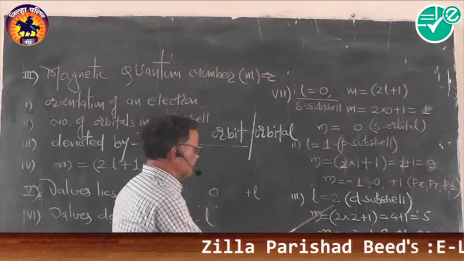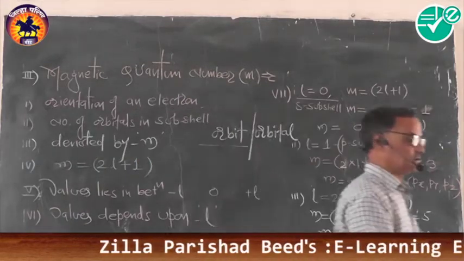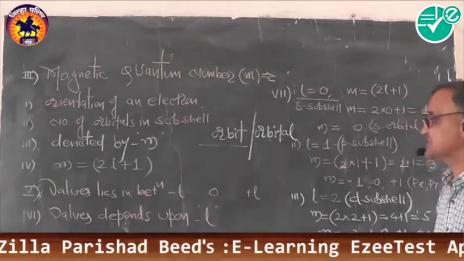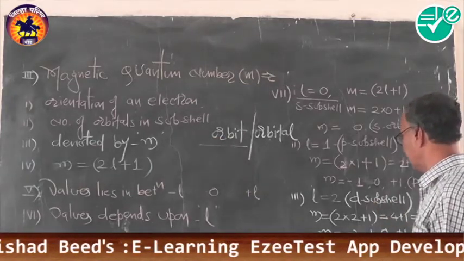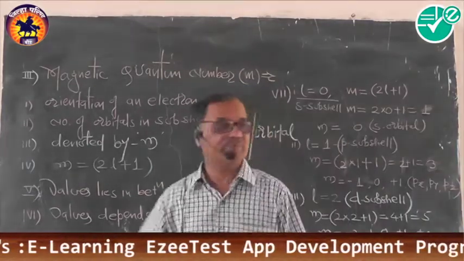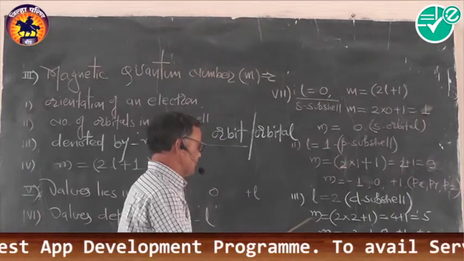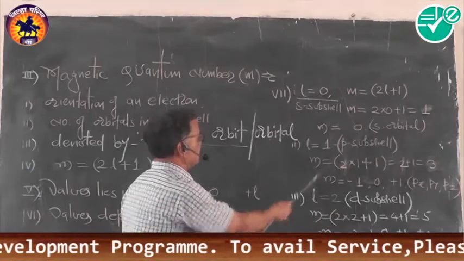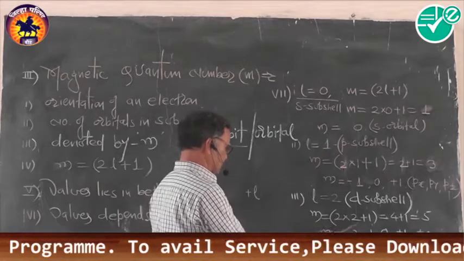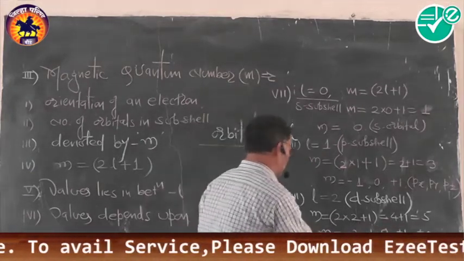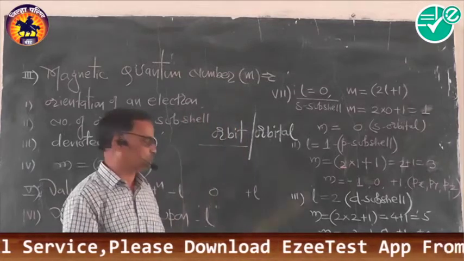Similarly, l is equal to 2 means the d subshell or d sub energy level. When we put l is equal to 2, that is 4, plus 1, that is equal to 5. m is equal to 5.